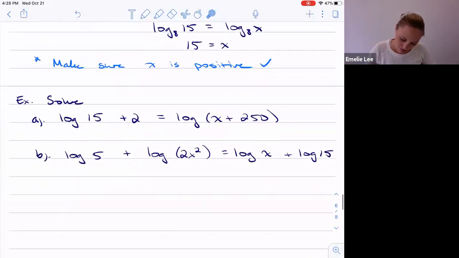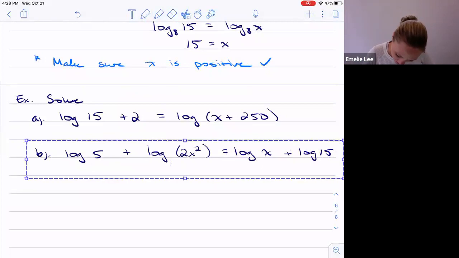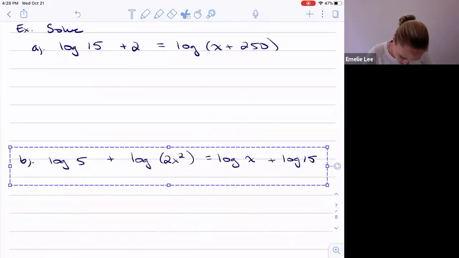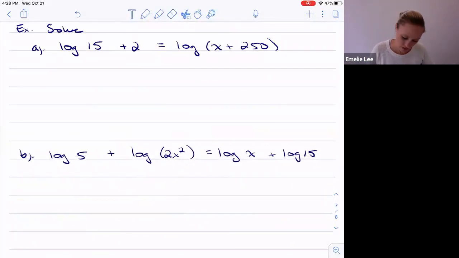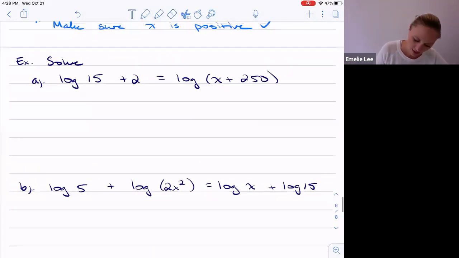So I'll do the same thing here. I'll scoot this down. Whee! See how much space I need. So if I'm trying to solve for x here, what I need to do is move this log over to this side, combine my logs into one thing, and then undo that one log.